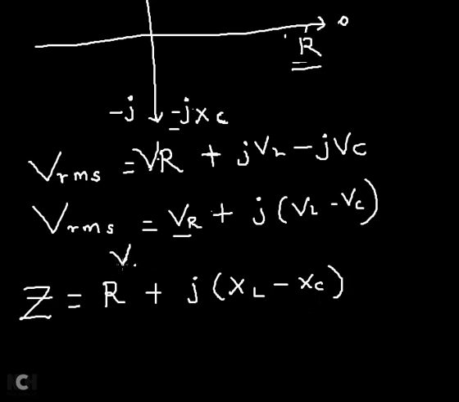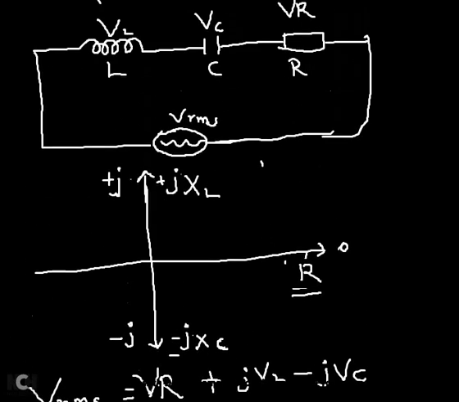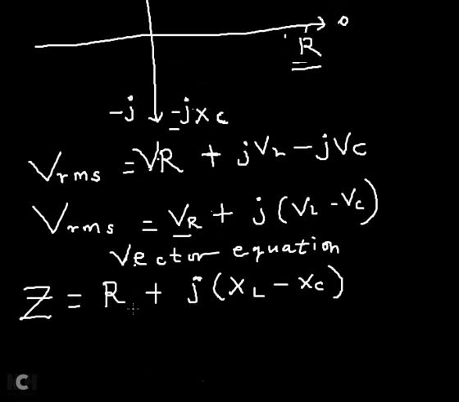You can call it vector equation or phasor equation of an alternating current, by introducing the J operator that actually shows me the phase angle of any of the components, either for the voltage or that of the impedance. So it's just very simple. What you are going to be doing here is what you've already done before. So I don't need to emphasize on that.